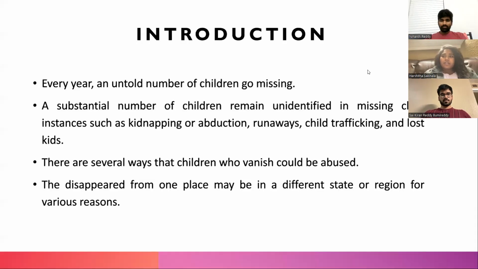As we have discussed before, nowadays most of the children are missing and we are unable to trace them because, based on the traditional process, if any child goes missing, the parent has to find a police station and lodge a complaint, and then based on the complaint details, the authority people will start to search manually, which is a very time consuming process, and this needs a lot more effort.